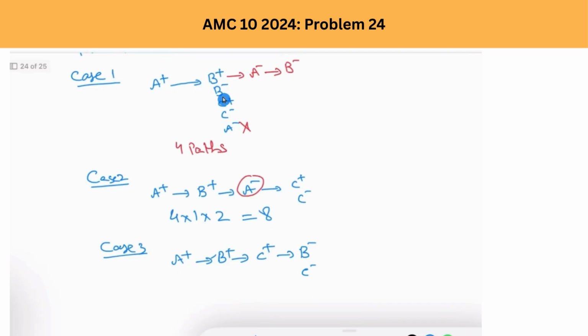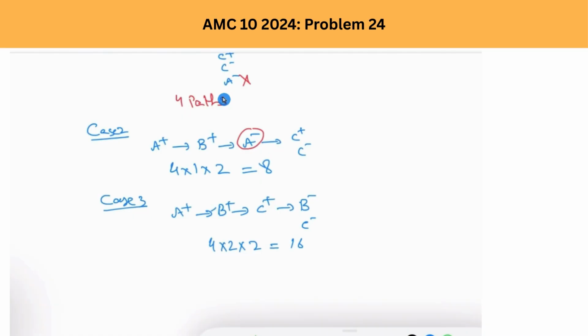So now if I calculate the total options, they are 2 and then 2, so I get 16 options. The total options that I have are 16 plus 8 plus 4, and if we add them, the total for the cases where the bee can traverse along those 4 edges is equal to 28.